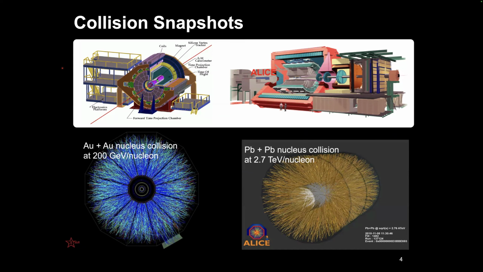So I'm giving here two examples of experiments. On the left, STAR, which I used to belong to, and on the right, ALICE, which I now belong to. Evidently, there are and were other experiments at both RHIC and LHC, but this serves the purpose of illustrating what these collisions look like.